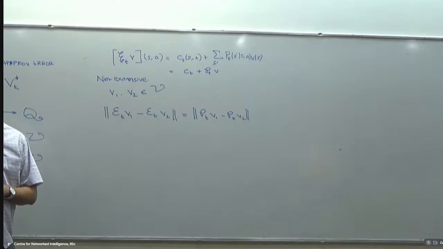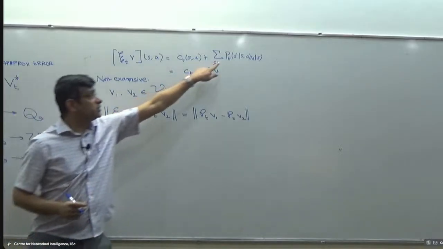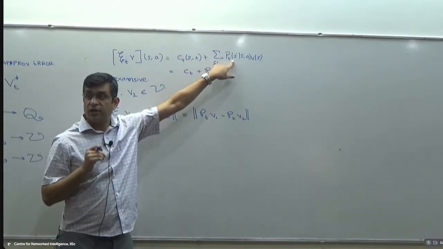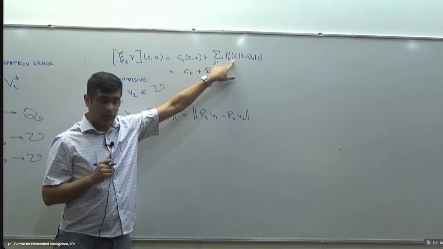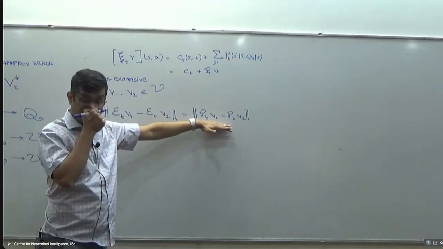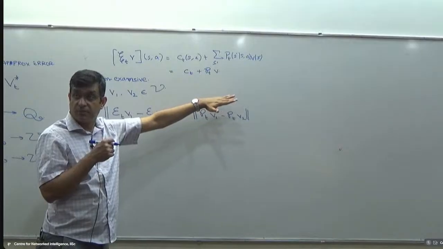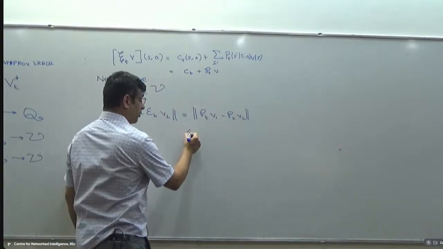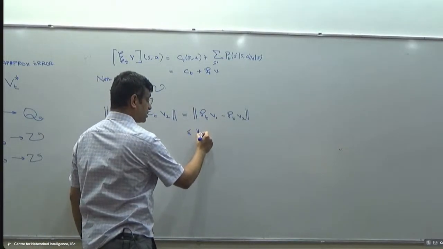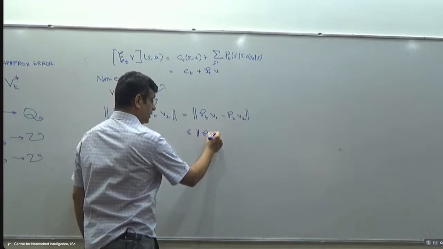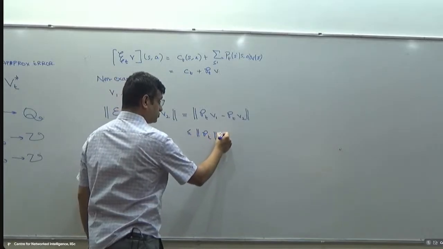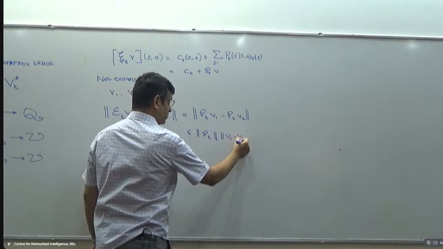Now, P_t is a linear operator, so this is really matrix multiplication. From properties of matrix multiplication, this is going to be less than or equal to this times V1 minus V2.